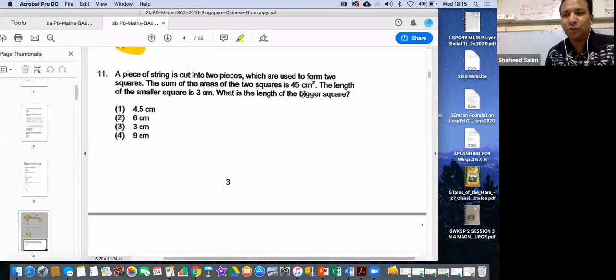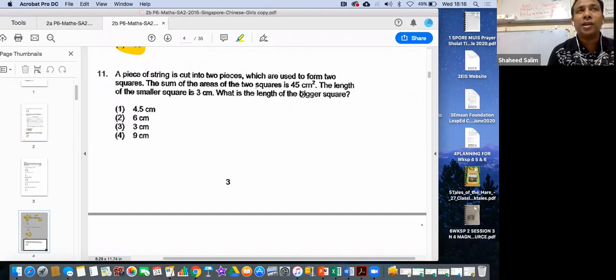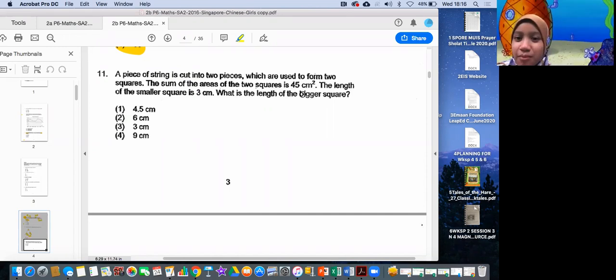Answer 2. Oh, because Sophia said 2. Sophia, do you understand the question? No. Do you know what's a square? Yes. Okay. Let us start with the smallest square possible, but it must be a whole number. What is the length of the smallest square if it has to be a whole number? 3 cm.